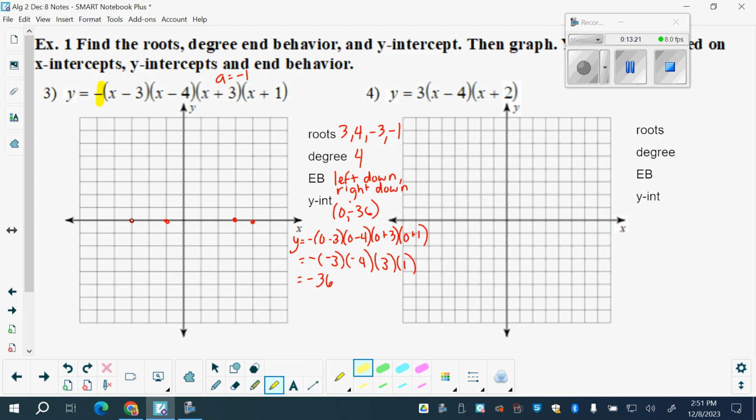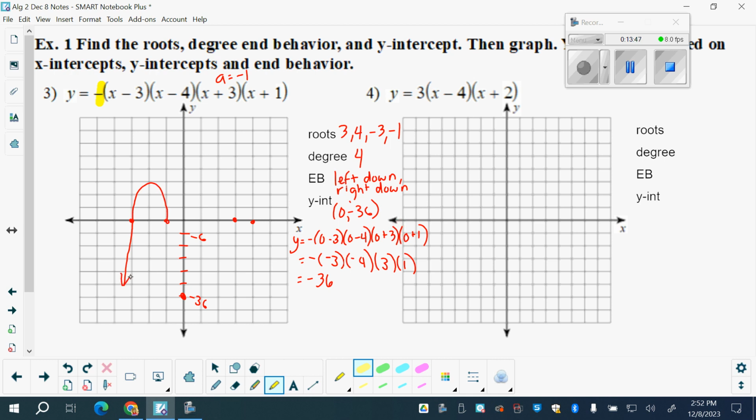And then I'm going to go by increments of, say, 6. So I'm going to start on the left. I'm going to start down. So on the far left point, I start down, and then I do one curve between this root and the next one.